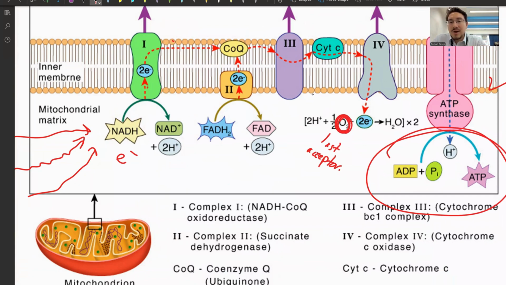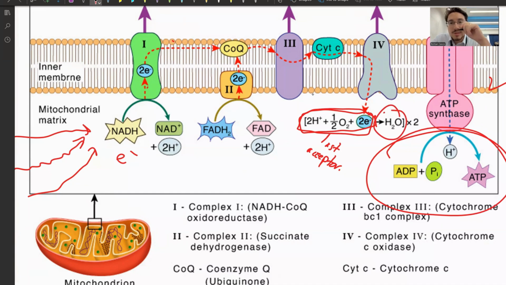Water, along with hydrogens, water, electrons, and hydrogens all work together. Don't worry about this whole kind of crazy equation. You have a half of oxygen and two hydrogens. Ultimately, all of these electrons and hydrogens and oxygen atoms will bind together to produce water.